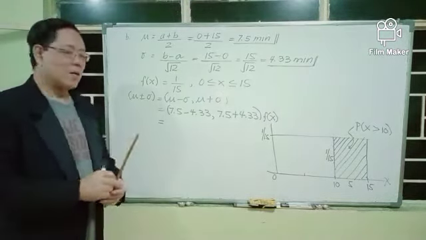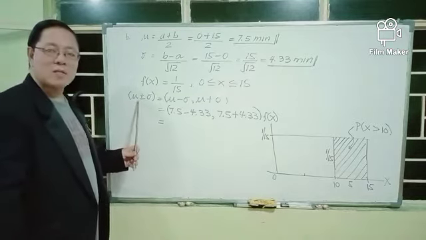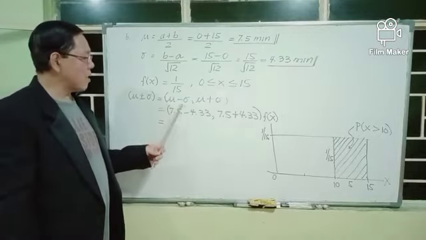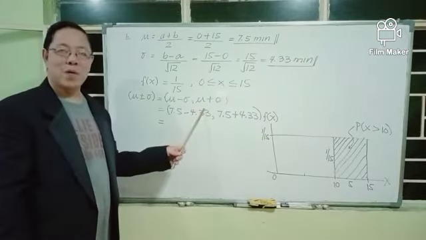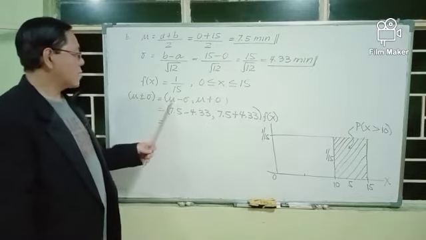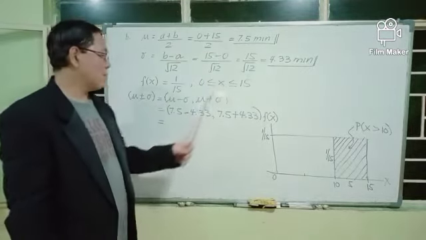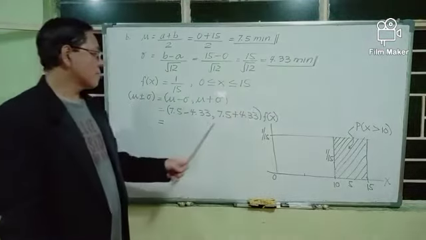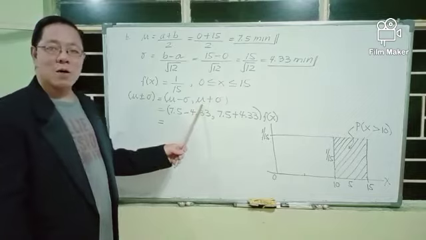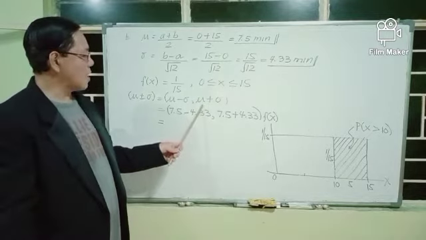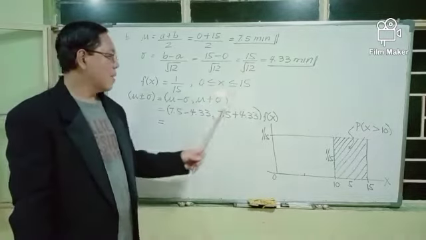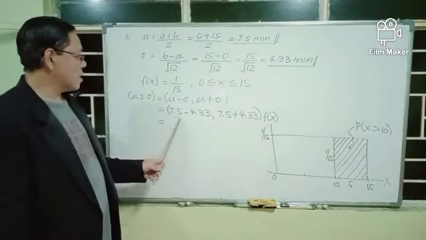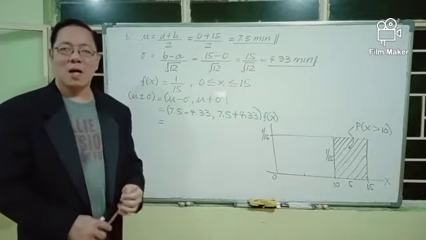The first interval is mu plus or minus sigma, with lower endpoint mu minus sigma and upper endpoint mu plus sigma. We substitute the mean 7.5 minus sigma, the standard deviation 4.33. For the upper endpoint, we also substitute mu 7.5 plus sigma 4.33. And we calculate this difference and this sum using our calculator.